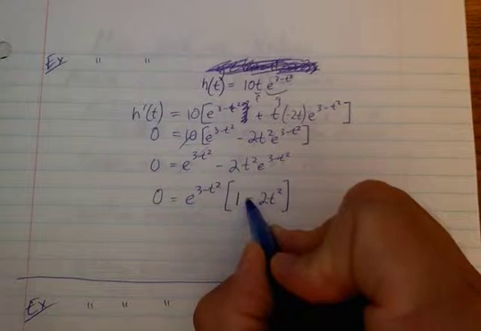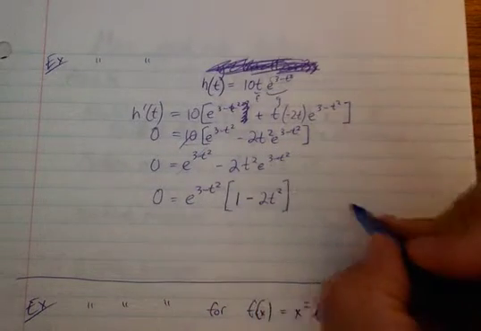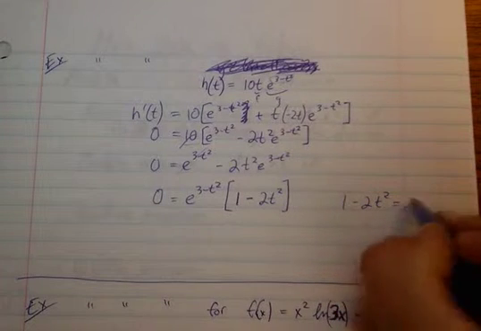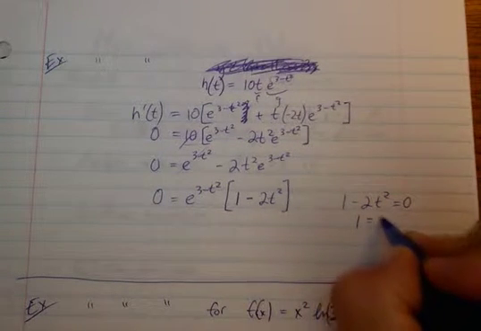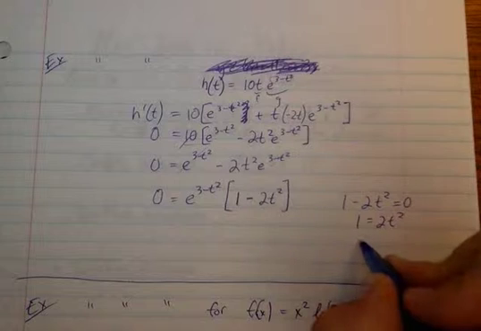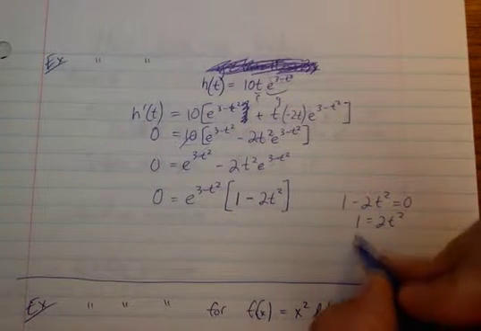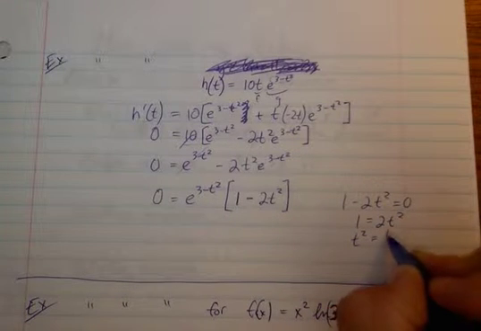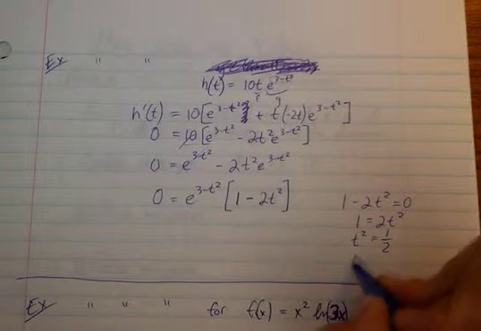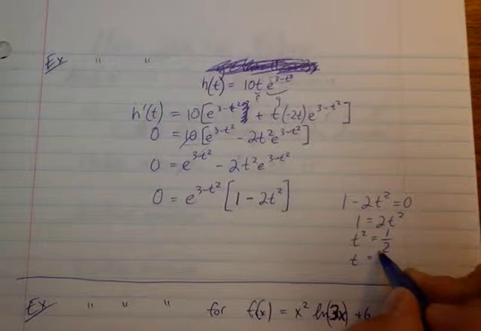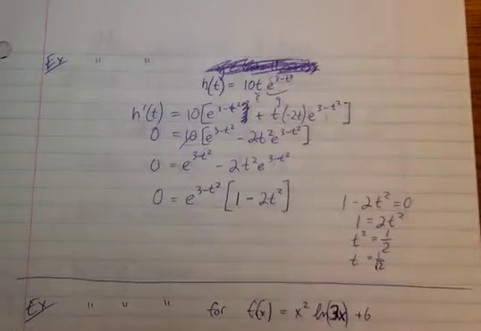What about this? 1 minus 2t squared equals 0. 1 equals 2t squared. That would give you t squared equals 1 over 2. And the square root would be 1 over square root of 2.